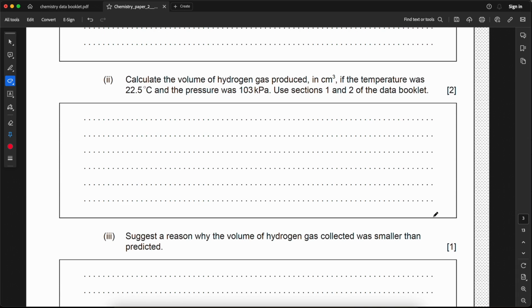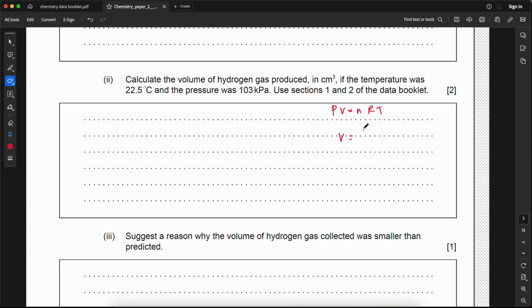Okay, calculate the volume of hydrogen gas produced in centimeter cube if the temperature was 22.5 degrees Celsius and the pressure was 103 kilopascal. So to find volume, we rewrite the formula.